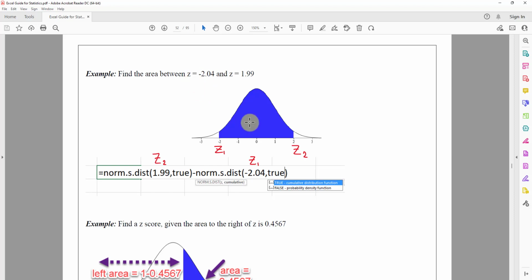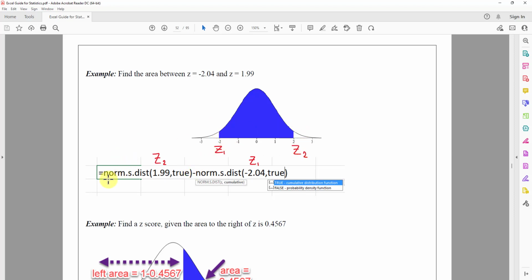Therefore, the mean should be 0 and the standard deviation should be 1. So now I'm looking for the area between this negative value, negative 2.04, a little bit to the left of negative 2, and 1.99, a value to the left of number 2. I label this Z1, this Z2.